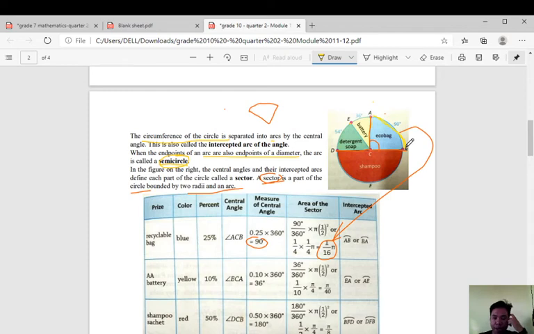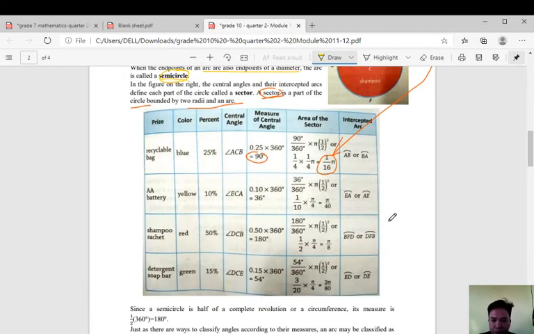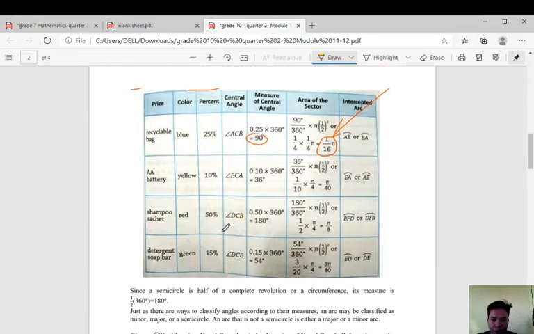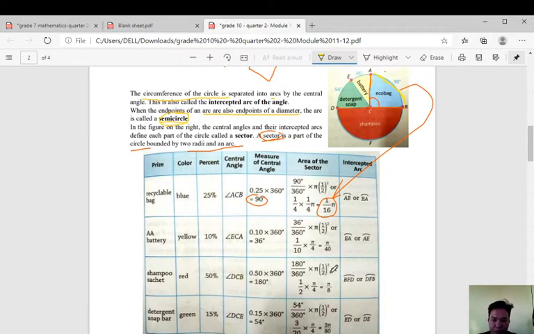Anyway, in any way how you read it, it is correct. So it's either arc AB or arc BA. Okay, so that's how we solve for the table.